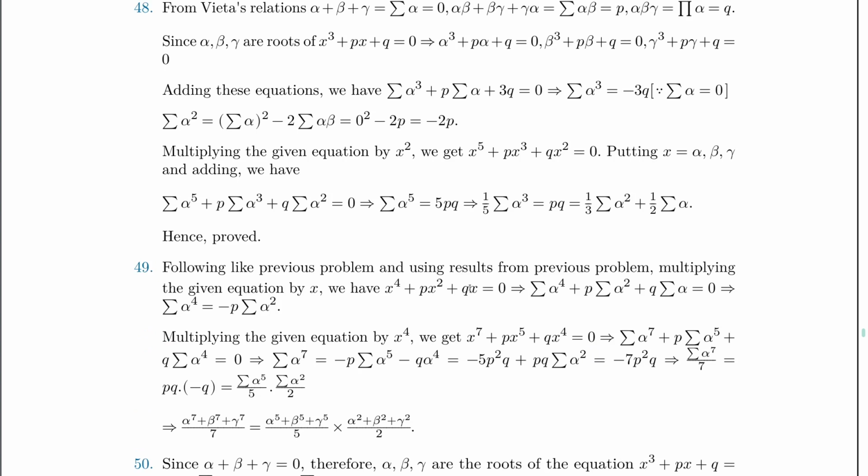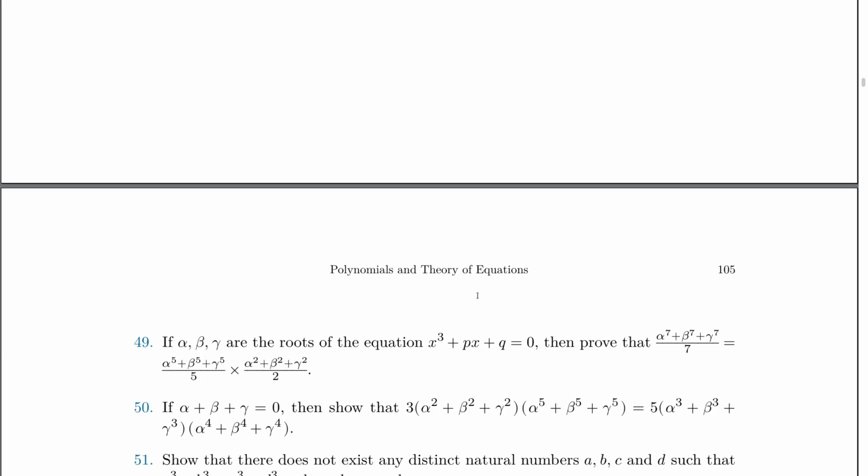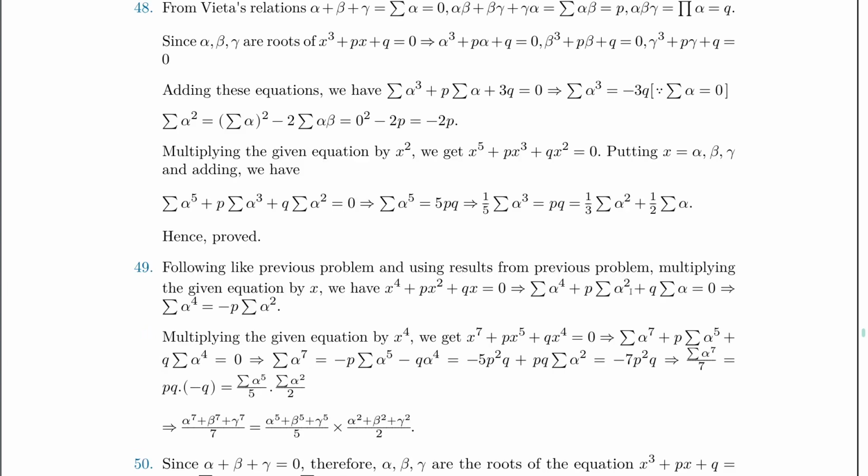In this equation, alpha plus beta plus gamma is 0 because the coefficient of x square is not there, so sigma alpha would be 0. This term will become 0, and therefore sigma alpha to the power 4 is equal to minus p sigma alpha square.